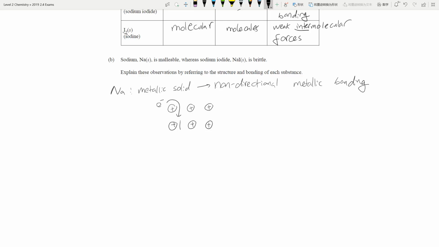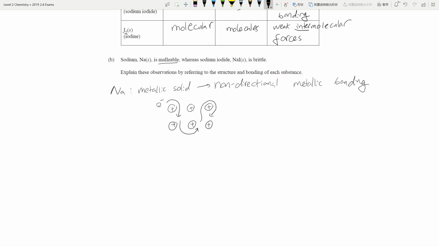What delocalized means is that they can randomly move around, and they can bond with any of these cations from any direction. So it's non-directional.